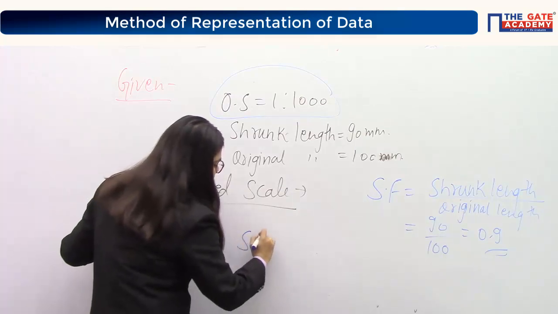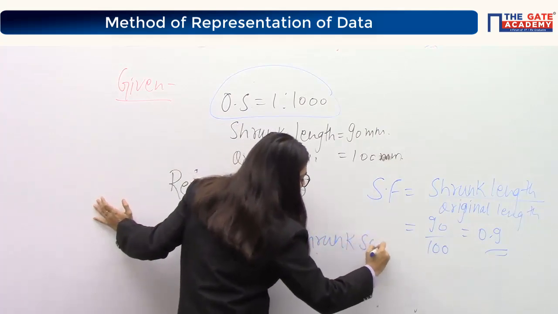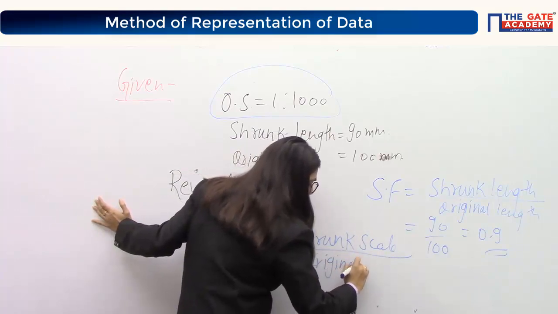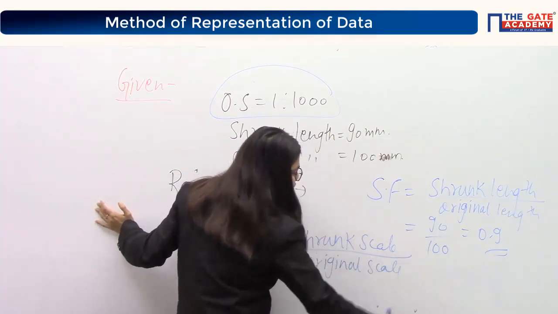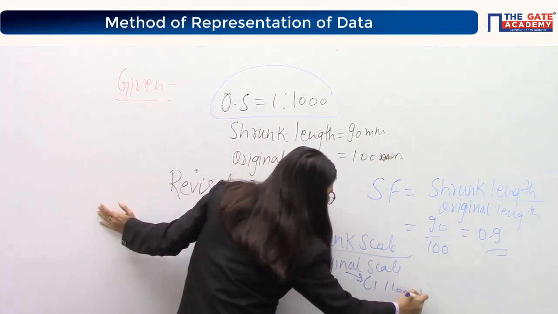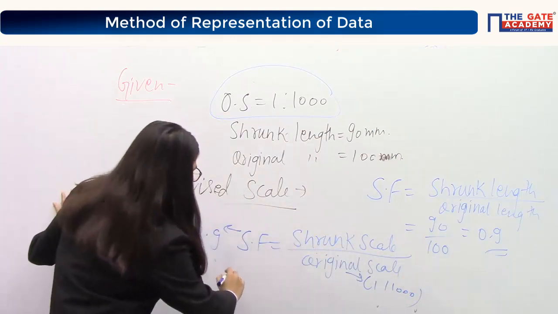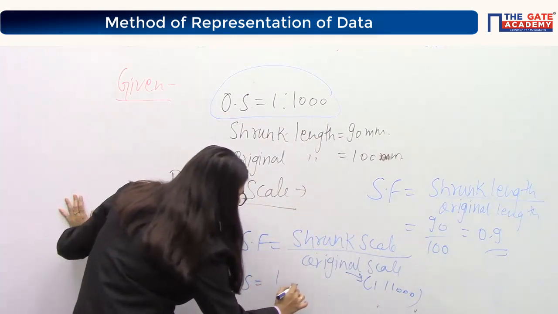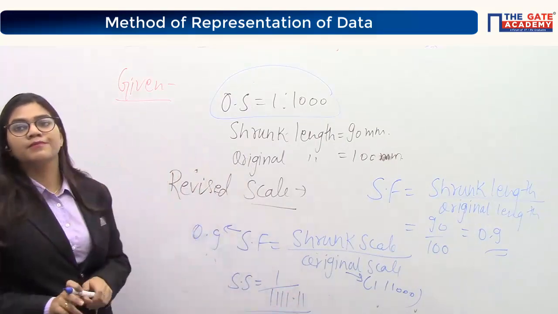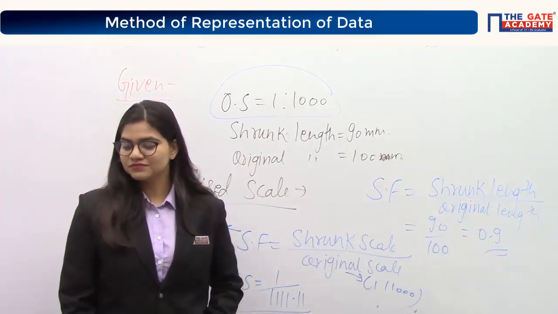Shrinkage factor is shrunk scale divided by original scale. Original scale is 1:1000, and shrinkage factor is 0.9. So your answer for shrunk scale is 1 by 1,111.11. Okay? Clear?